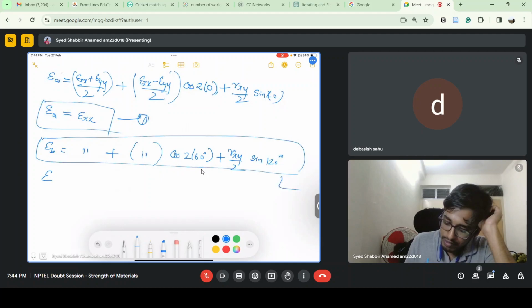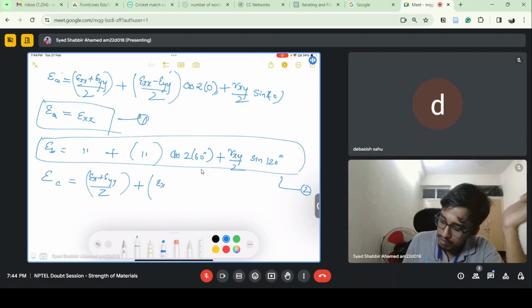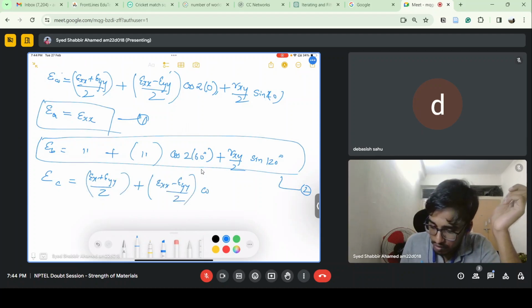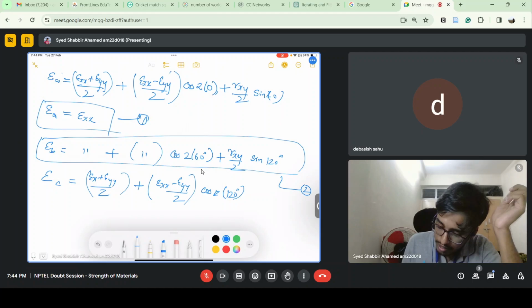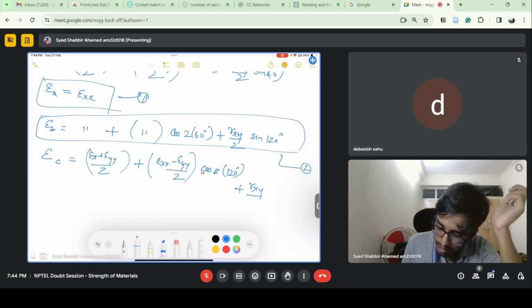I'll take it as equation 2. For epsilon C, you will get epsilon xx plus epsilon yy by 2, plus epsilon xx minus epsilon yy by 2 cos 2 into 120, plus gamma xy by 2 sin 2 into 120, which is 240, since the angle is 120 for C.